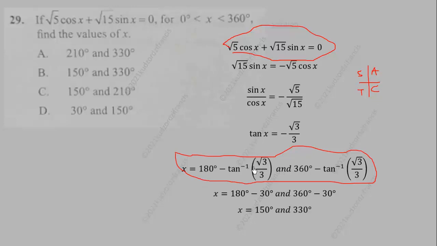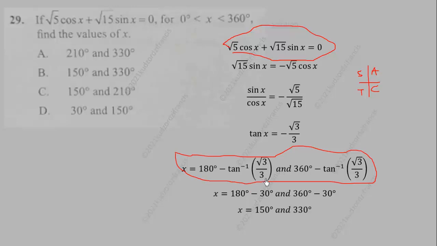So the tan inverse of the acute angle will give us the acute angle. We subtract that acute angle from 180 to find why it is negative in the second quadrant, and we subtract that angle from 360 to find why it is negative in the fourth quadrant.